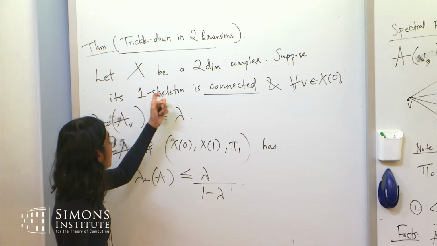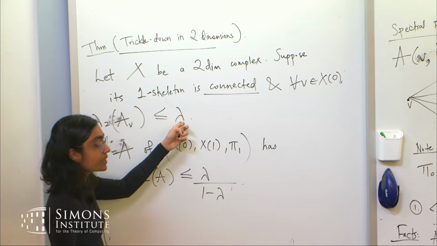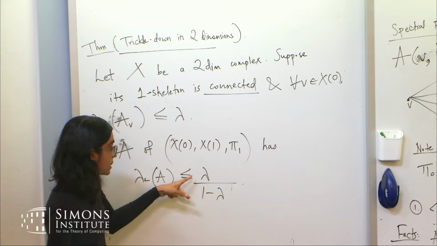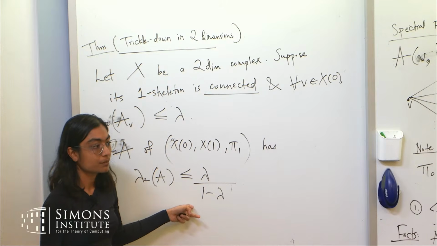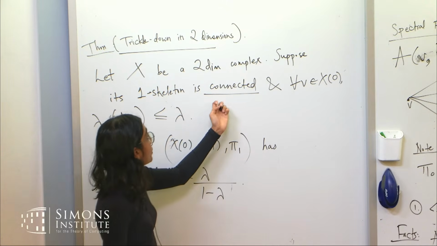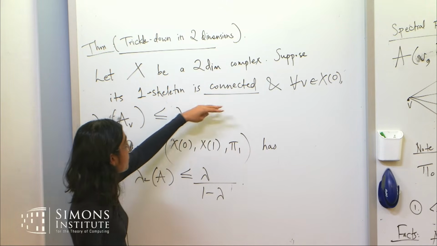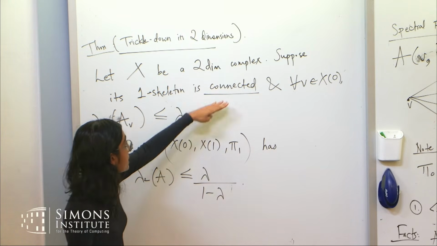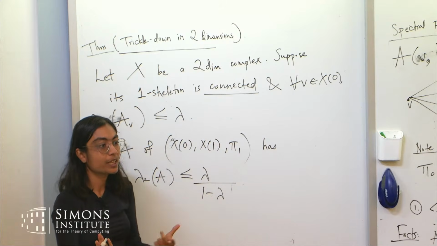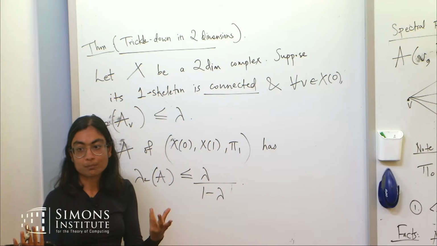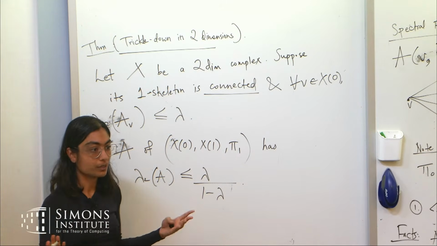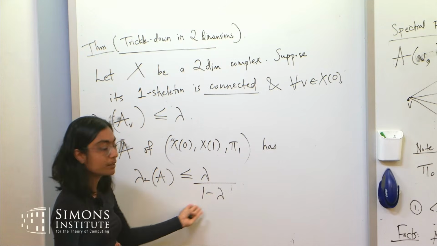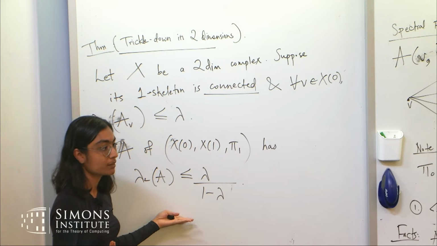So as long as lambda is strictly smaller than half, this number will be strictly smaller than 1. And also note that we do require the connectivity condition, it is necessary and sufficient, because if this is not met, then you could take the union of two complexes, and that's not going to satisfy lambda_2 of A smaller than 1.